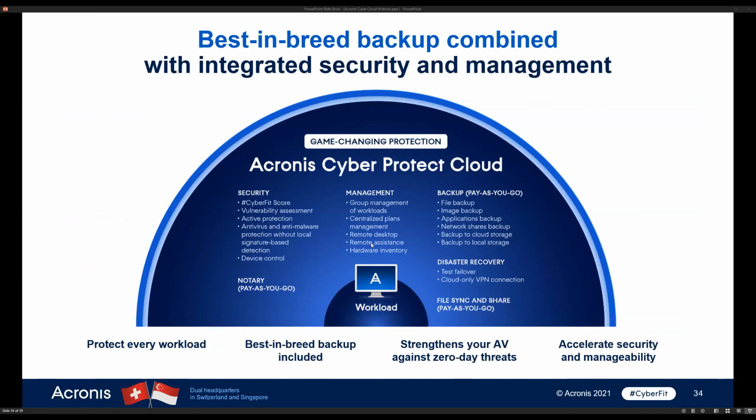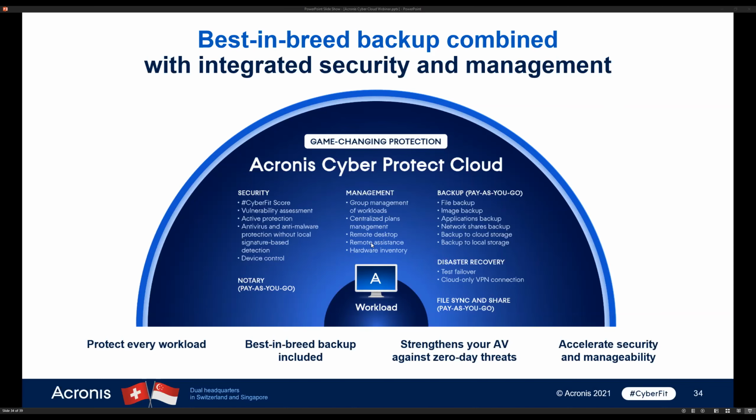Now, how is the solution offered, right? Well, we have a standard product, which includes things like your vulnerability assessment, your active protection against ransomware, as well as self-protection for the Acronis software. Includes the antivirus and anti-malware protection with local signature-based detection and your device control, all included from a security perspective.